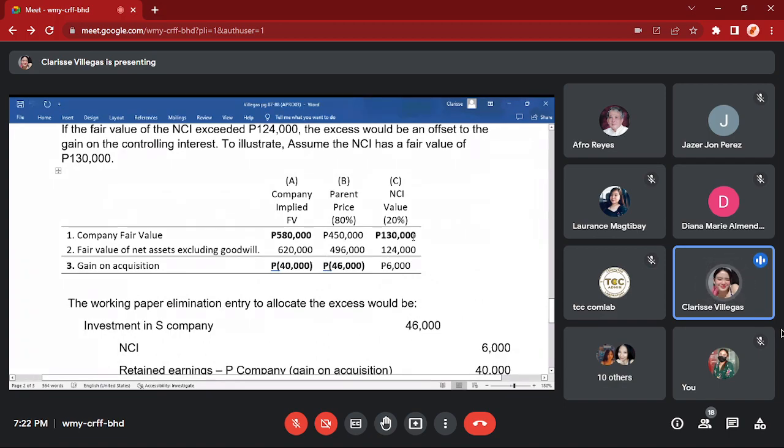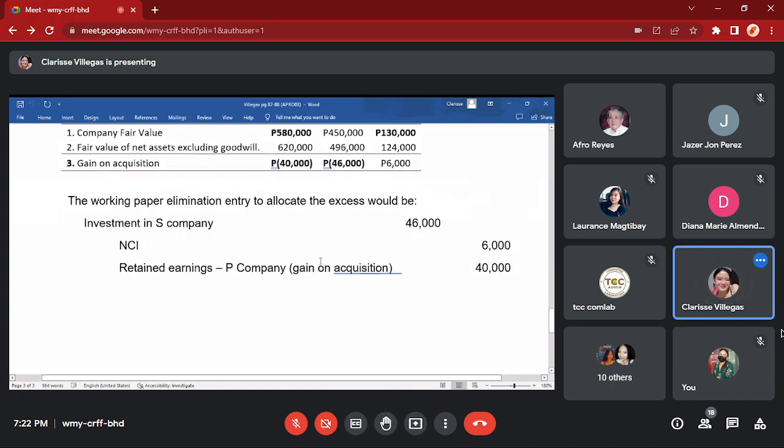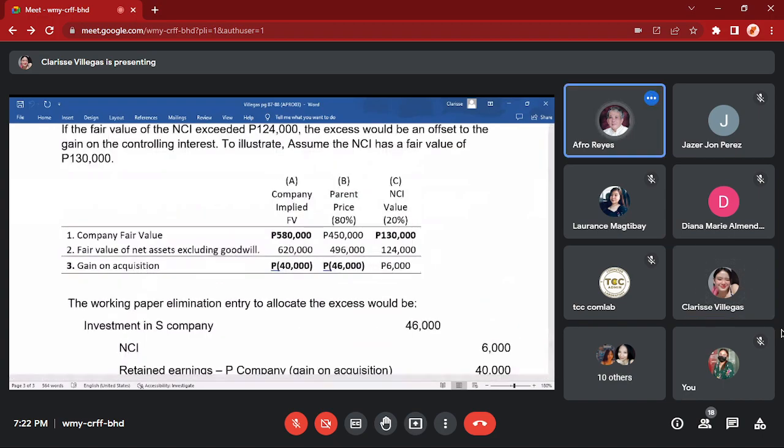And 130,000 less 124,000 is 6,000. The working paper elimination entry to allocate the excess would be: debit investment in S company of 46,000, credit NCI 6,000, and retained earnings P company, gain on acquisition of 40,000. Okay, tapos na yun.